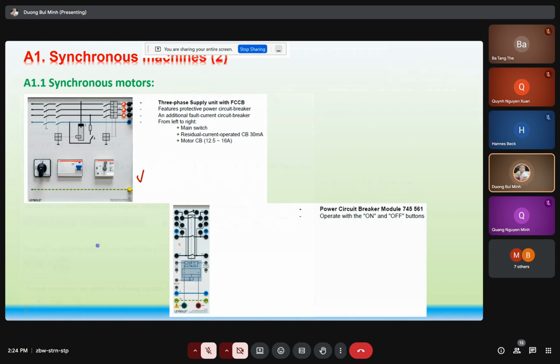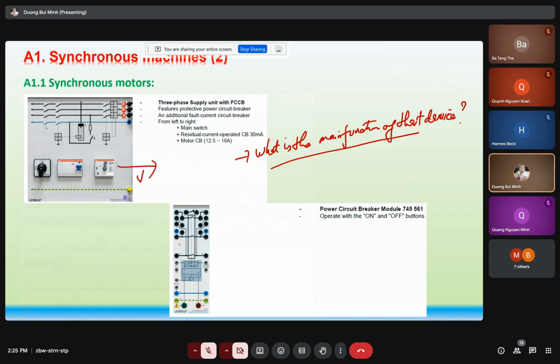For example, for the final exams, I give you this device and I ask you, what is the main function of that device? You need to tell me. Here we have a switch, here we have a circuit breaker, here we use a relay, or protective device. You need to tell me what it is and why we use it.